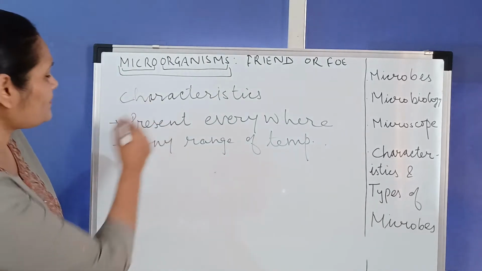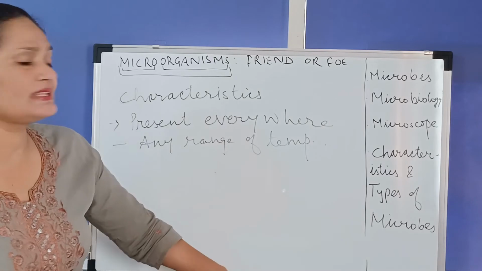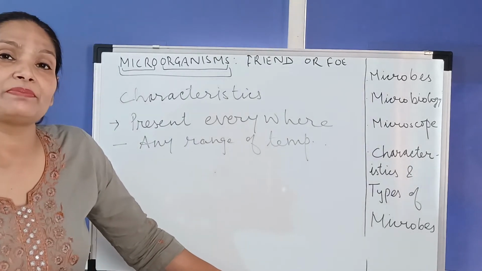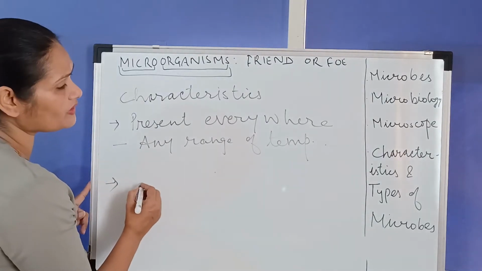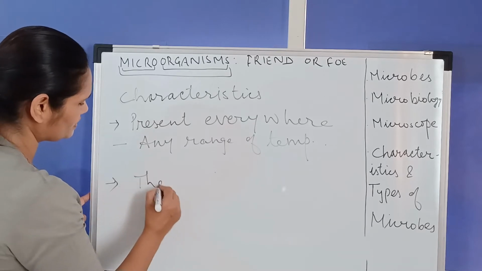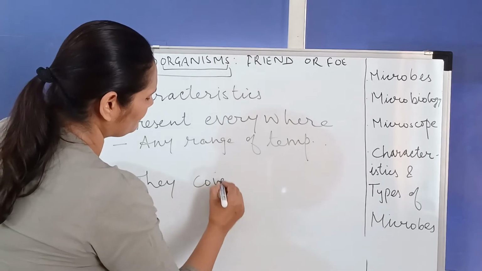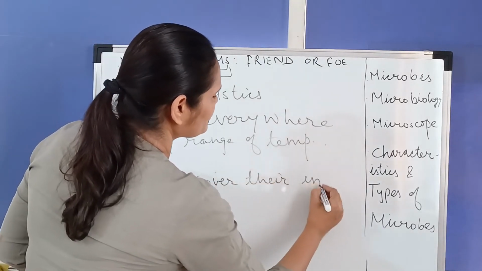Now, apart from this, as I said, microorganisms can survive any range of temperature. So how do they survive? For that, they cover their body in a cyst. So this is also a characteristic of microorganisms.